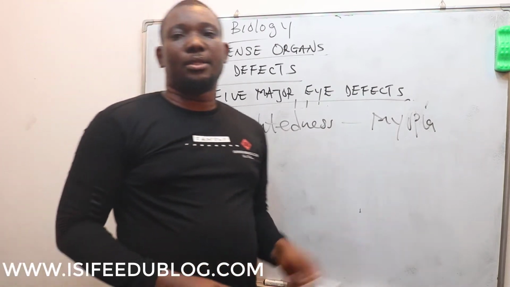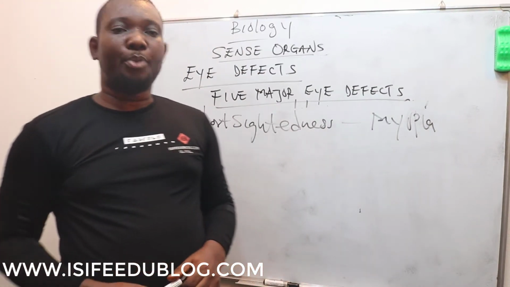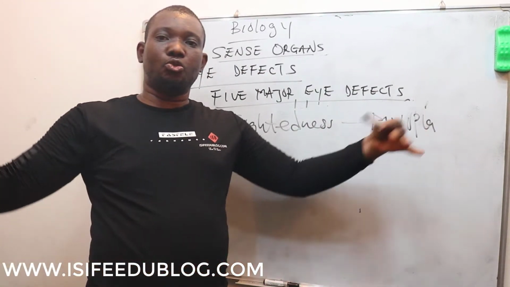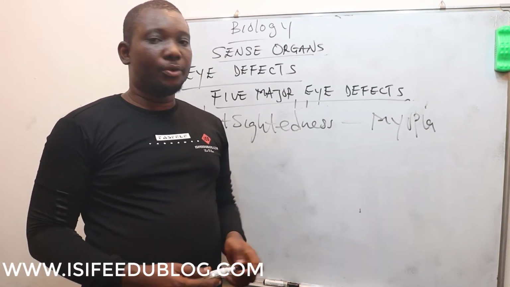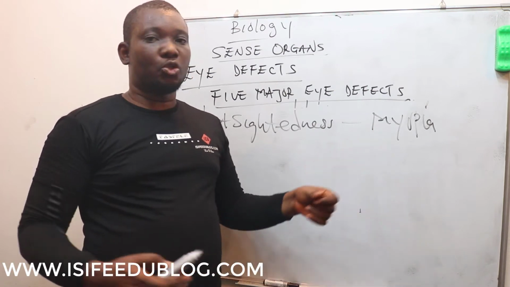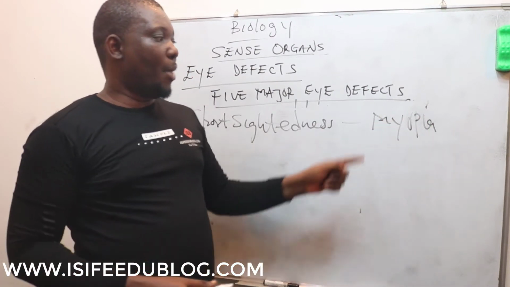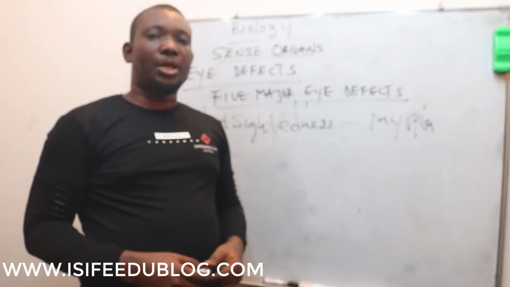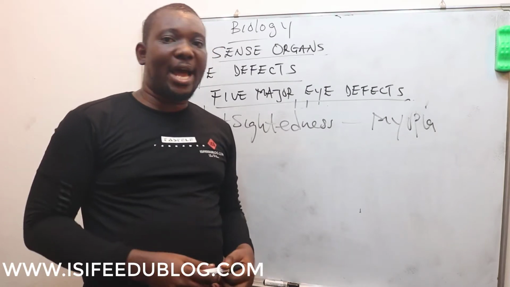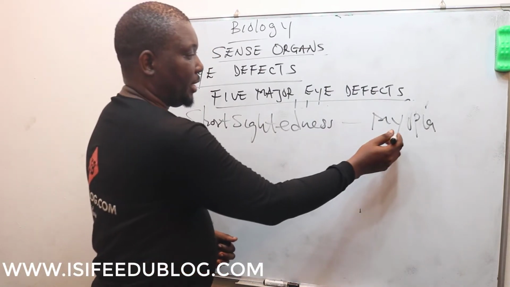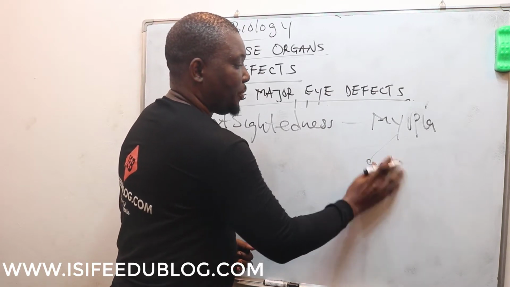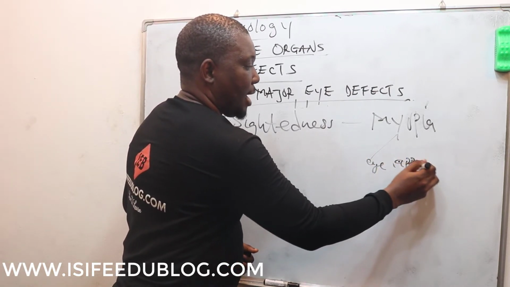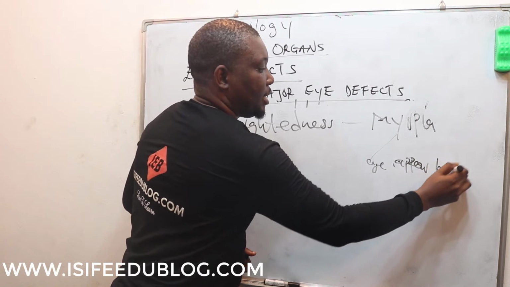Now, this results when the eyeball is too big. The eyeball happens to be bigger, and when that happens, the cornea curves light. So myopia is when the eyeball appears bigger.